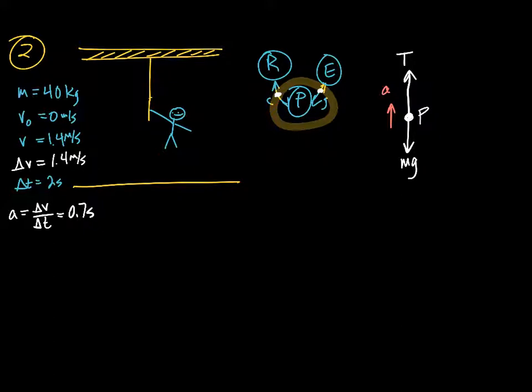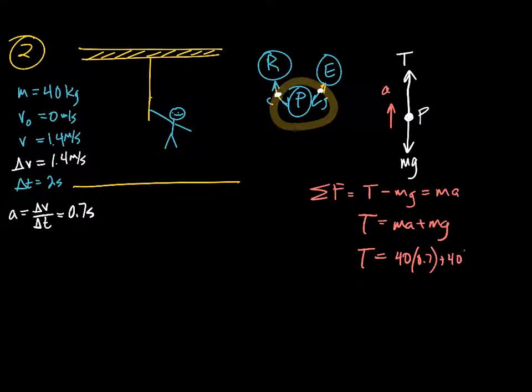And so my sum of forces is going to be tension up minus weight down equals ma, which means tension is ma plus mg. And so we have 40 times 0.7 plus 40 times, I'll just use 10 for ease here.